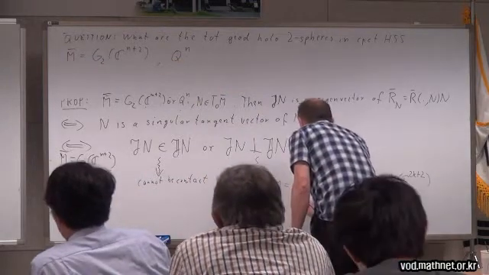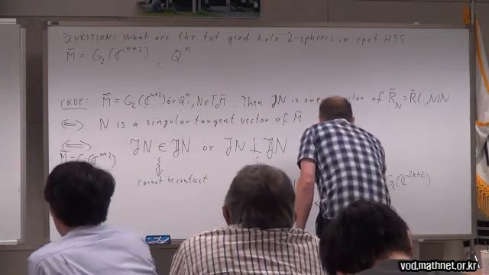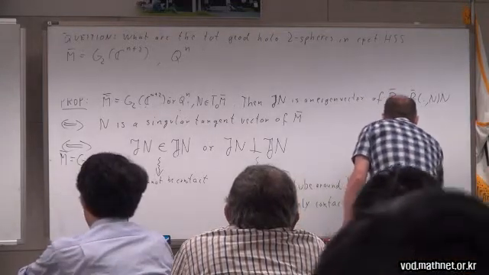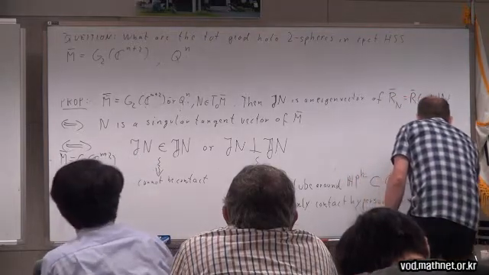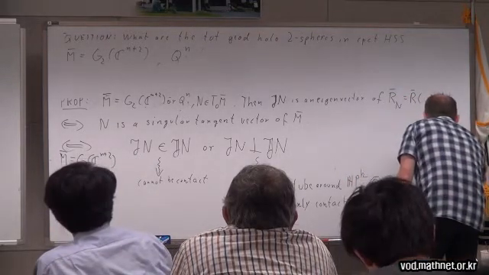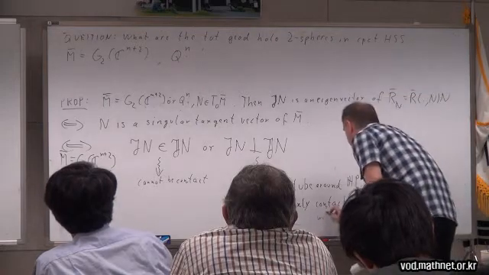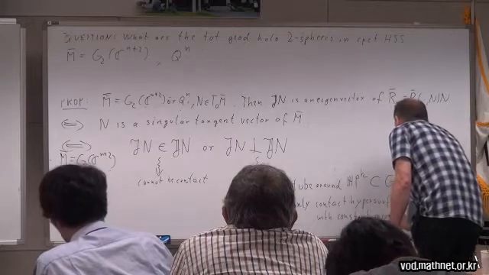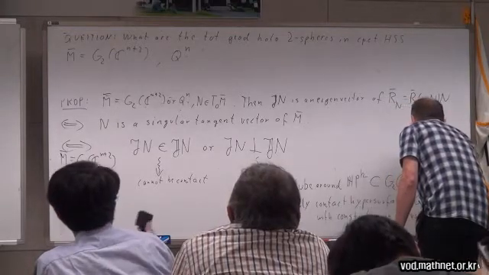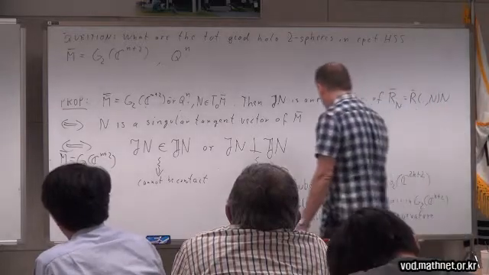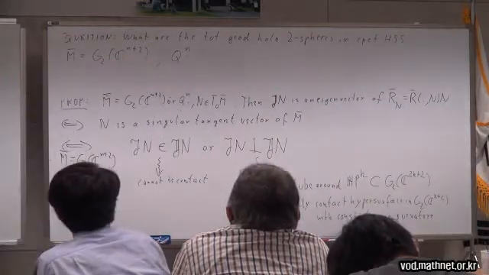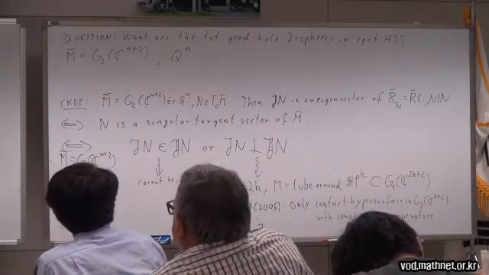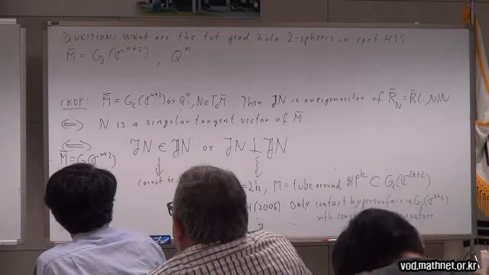So this is the only contact hypersurface in G2C n plus 2 with constant mean curvature. But there is this question: is constant mean curvature a necessary condition? It would be nice to show.